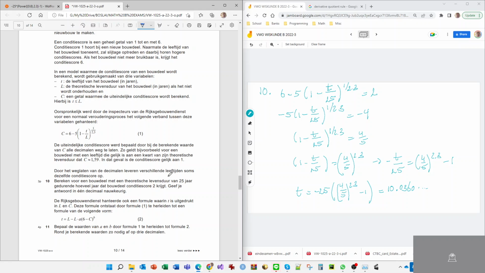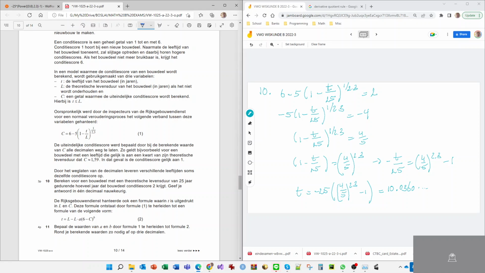So this is the time where it gets this condition score of 2. They say they round it. No, we just say 1 decimal.